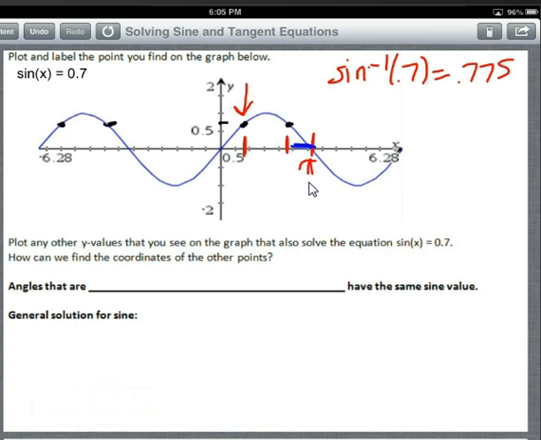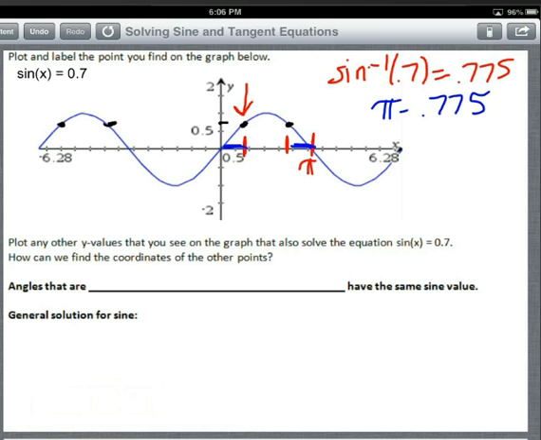These two distances here and here are the same. So if this distance is 0.775, this distance here is also 0.775. So I can figure out this angle by saying this is pi minus 0.775.